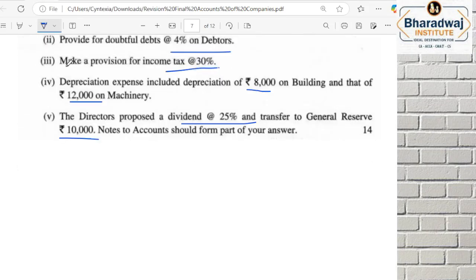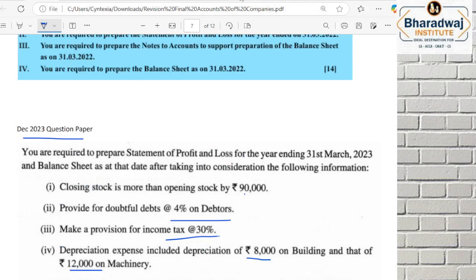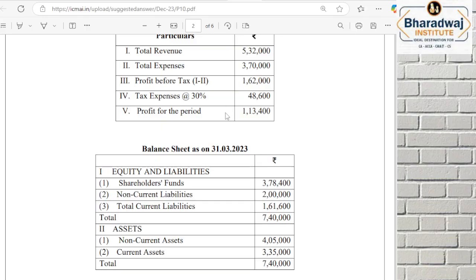This is the answer for which question? December 2023 question paper. Please check your answer. Hope you tried, then you are checking the answer.